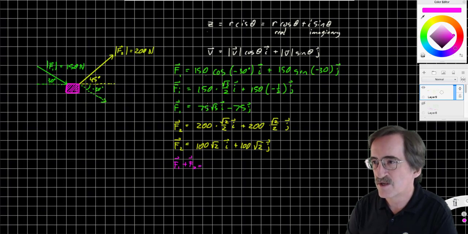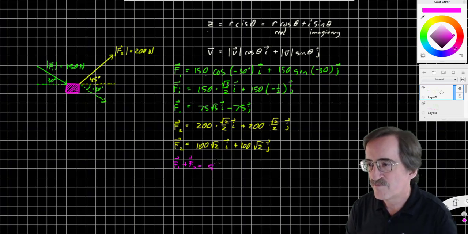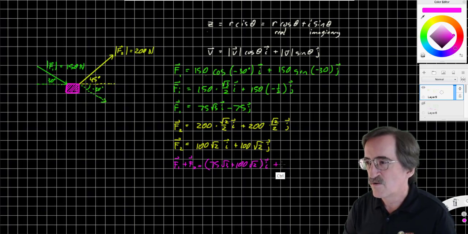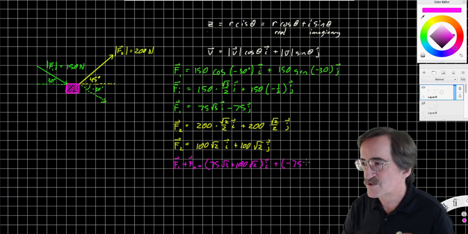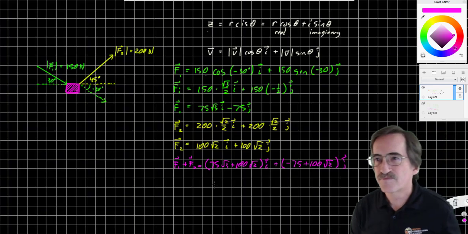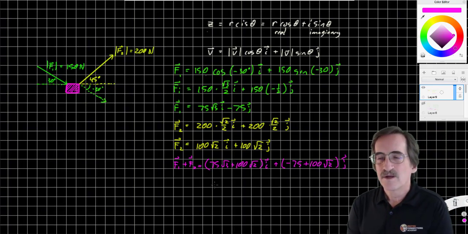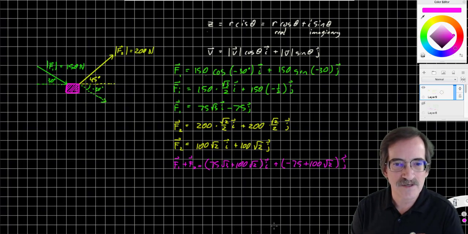And I'm just going to add straight down. 75 root 3 plus 100 root 2 i, plus negative 75, plus 100 root 2 j. Okay, and there we have it. So this is the resultant vector here.